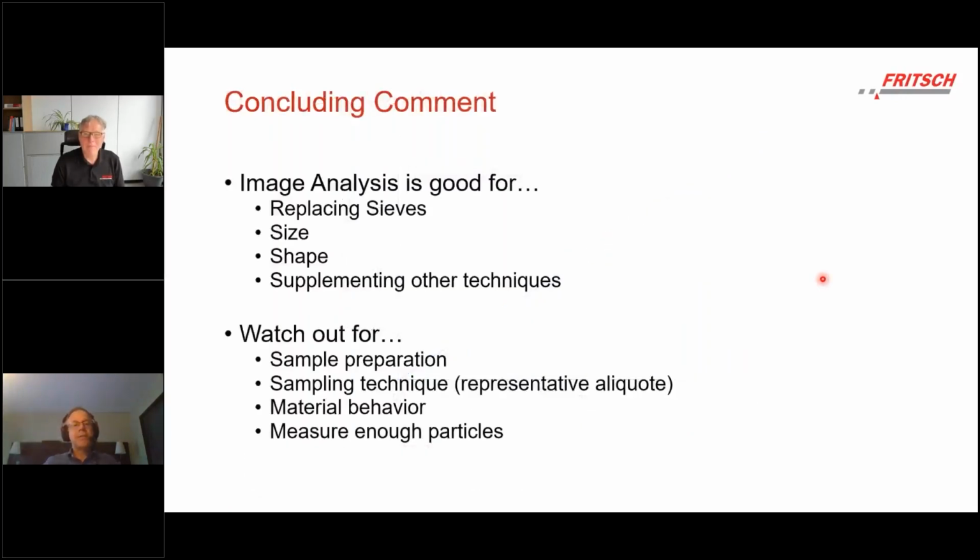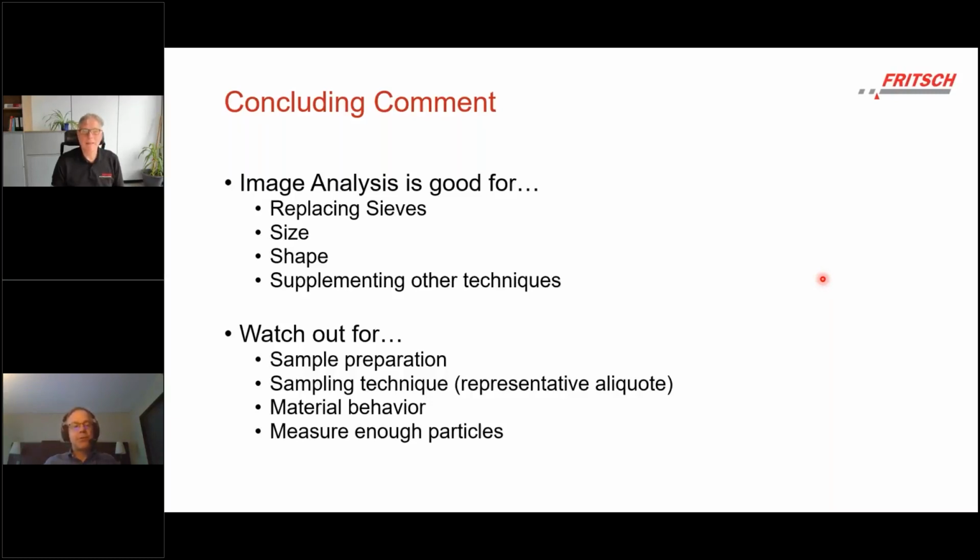So, concluding comments: image analysis is a great tool for replacing sieves, determining particle size and particle shape, and supplementing other techniques. We didn't get into that too much, but it is orthogonal to laser diffraction where the size ranges overlap.